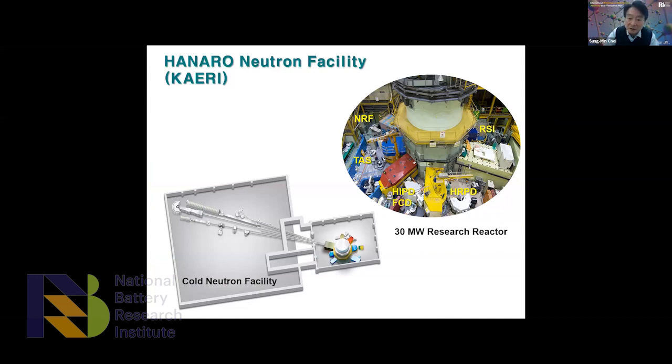And since then, they put various thermal neutron scattering instruments around the reactor. And also they have a cold neutron facility, as shown here. And the large space here is reserved for future beam lines for upgrade.